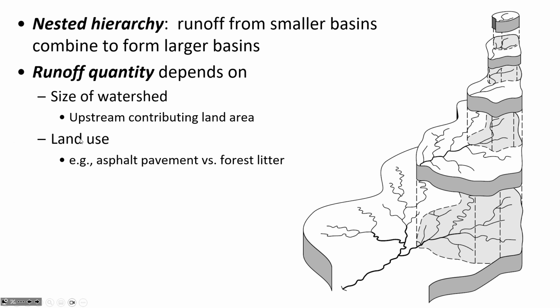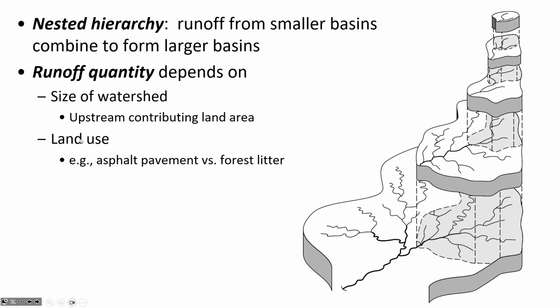And one of the reasons why we have to be careful about human development is that when we add roadways and driveways and roofs, all of those surfaces don't absorb water like the natural land that was there before it. So when a previously forested watershed is paved, then that's going to increase the runoff that goes downstream.